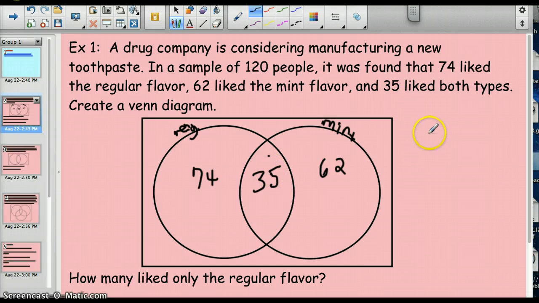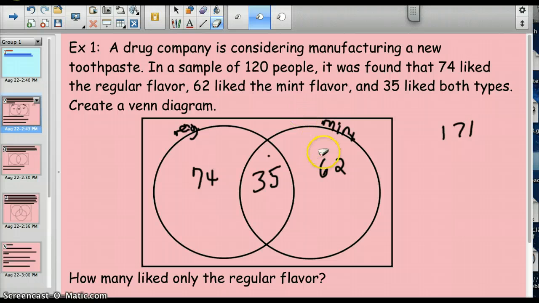After a couple of seconds of consideration, I'm hoping you realize that there are only 120 people in our sample. And if you add up the numbers, 74 plus 35 plus 62 adds up to be 171. There's no way that we have 171 people in a survey that only has 120.